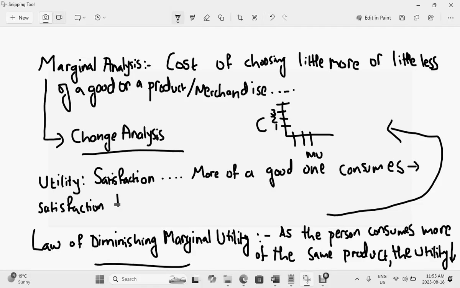As you consume more candies, the satisfaction goes down. So marginal utility goes down. So this is sort of like your downward shift. It will be in the opposite direction.